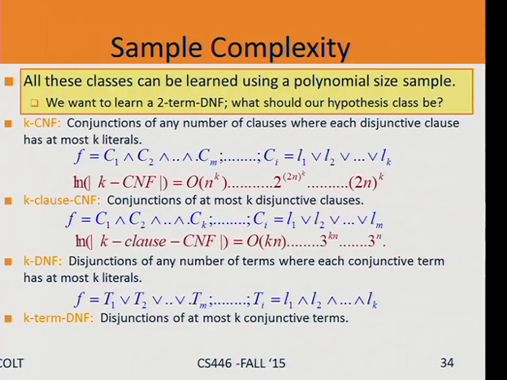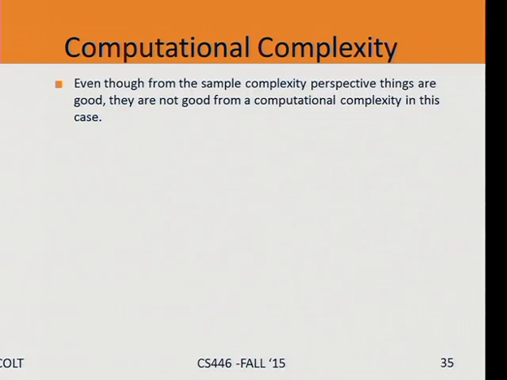turns out to be problematic. So even though from a sample complexity perspective everything is fine, from a computational complexity perspective it's not the case. What does it mean? It means that we don't know how to develop an efficient algorithm. You give me data, you tell me this data is actually consistent with a two-term DNF. Find a hypothesis.